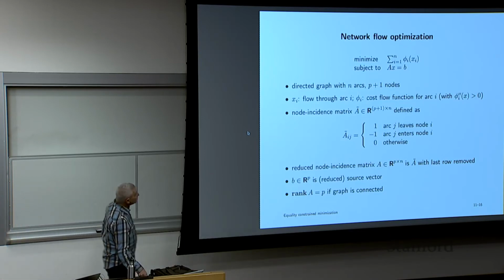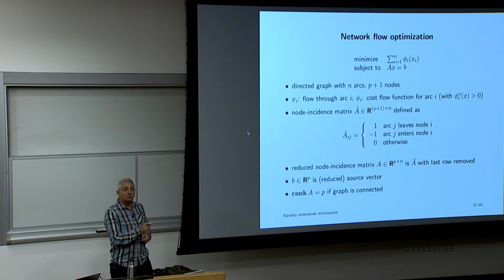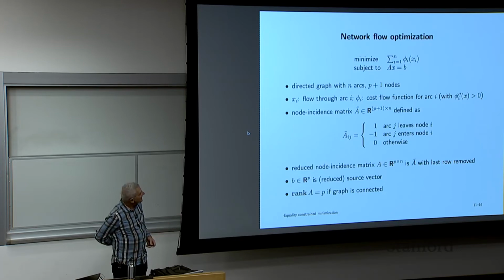Okay, so the matrix A is super duper sparse, because each column has exactly 2 non-zeros. It's got a +1 and a -1, because each column corresponds to one edge, and one edge goes between 2 vertices, so there are exactly 2 non-zeros. So A is this, I guess, A tilde.